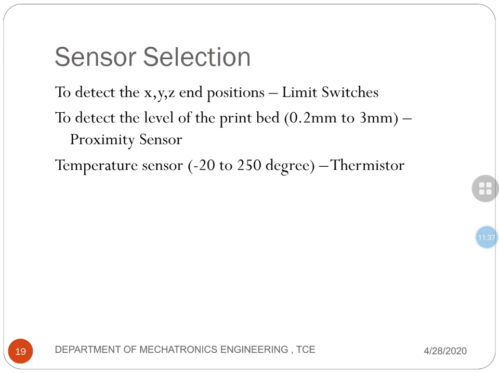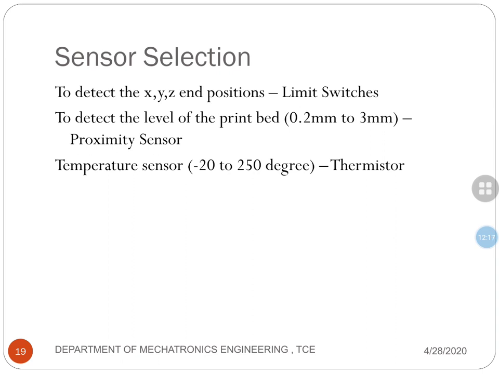The input for this 3D printer is basically an STL file, which is provided to the controller of the 3D printer. Based on the STL file, the printing process continues. The main sensing element in a 3D printer is a temperature sensor, since the heat bed should be at a particular temperature to start printing.